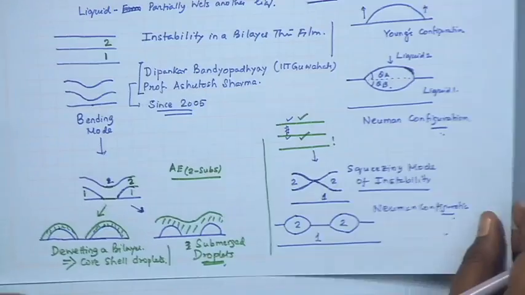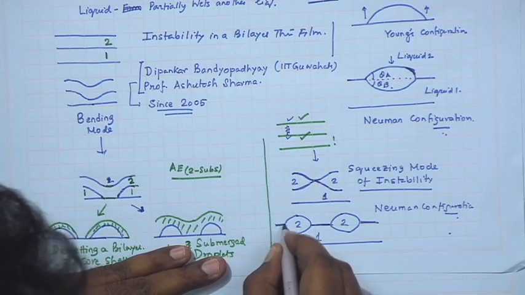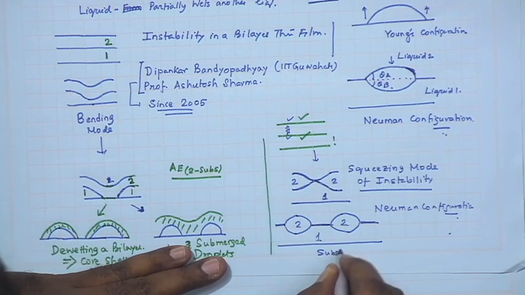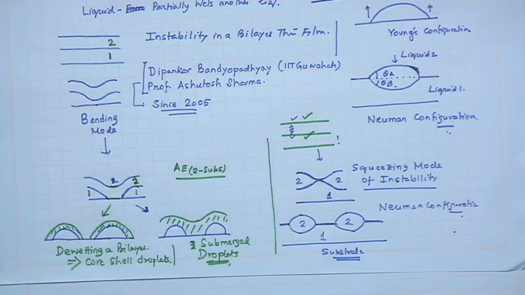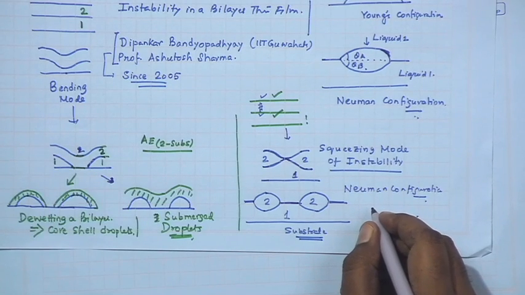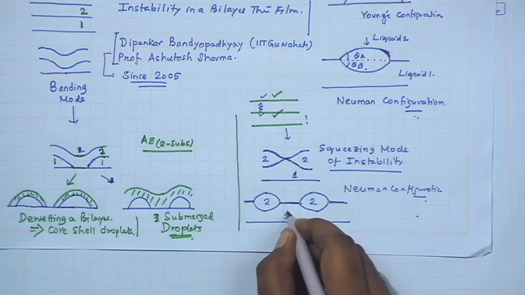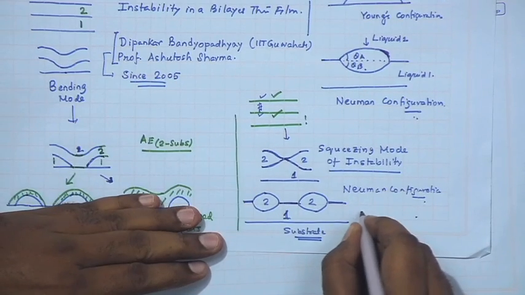So, now of course, the question comes whether a film of 1 is stable on the substrate or not. You can understand it very easily, and if the Hamaker constant, the effective Hamaker constant is negative, which means that the 1 is stable on this surface, then of course, this is the final morphology.